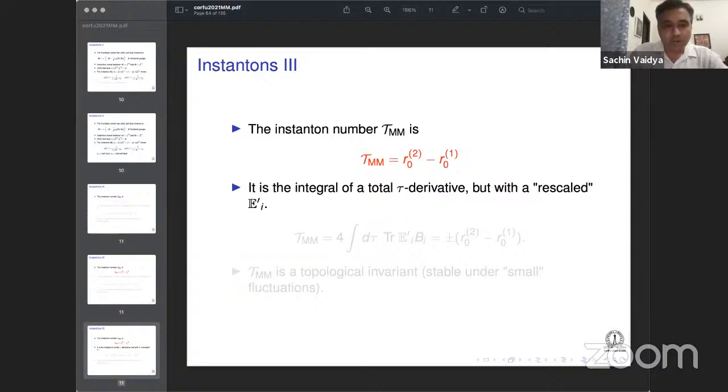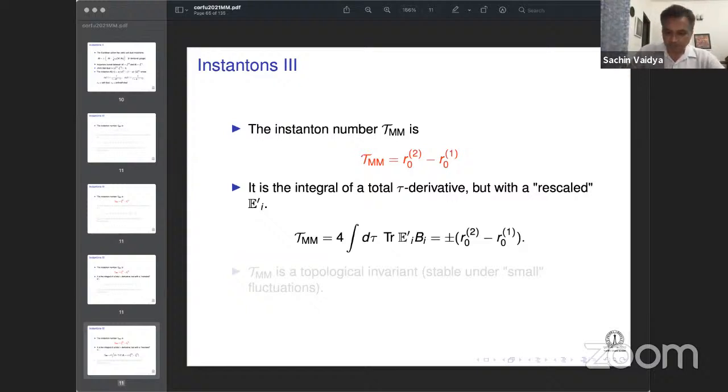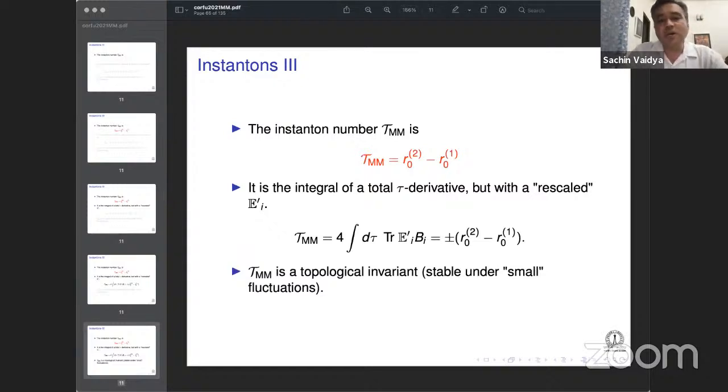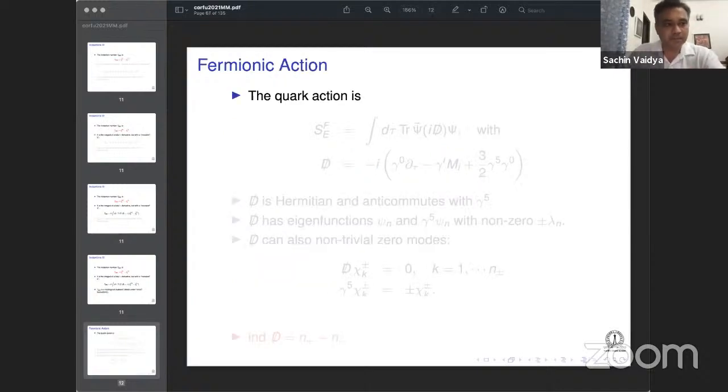Here too, it's possible to get the instanton number as the integral of a total tau derivative, but it involves a particular rescaling of the Euclidean electric field. And what is nice about this instanton number is that it's a topological invariant, in the sense that if you change your profile somewhere in the middle but keep the ends fixed, the matrix model instanton number does not change. So we can think of it as a topological invariant.